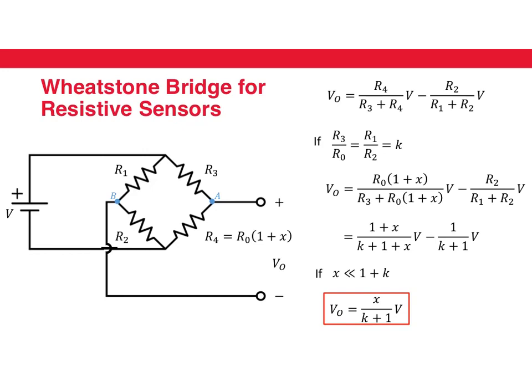If we make the same assumption as previously, that X is much smaller than 1 plus K, then the fixed voltage in this term cancels out, and we get V0 is X over K plus 1 times V. This means the output voltage depends on the change in resistance without a fixed voltage being added to it, which is one of the problems of the voltage dividers sorted out.